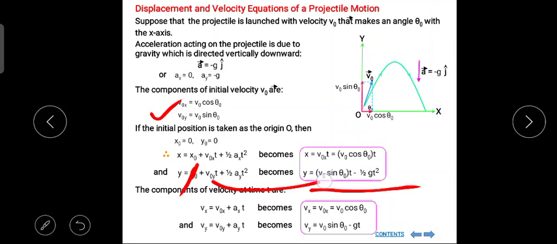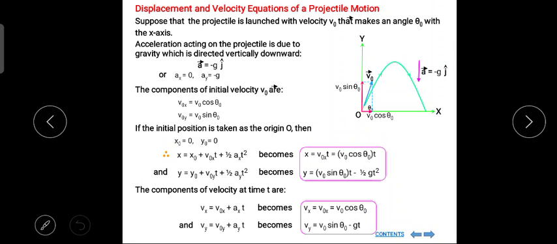This positive sign will be changed into a negative one. Why? Because the direction of acceleration is downward, and I am taking my reference downward negative, upward positive. So y equals v naught sin theta t minus half g t square.